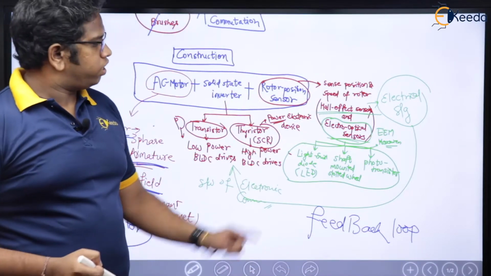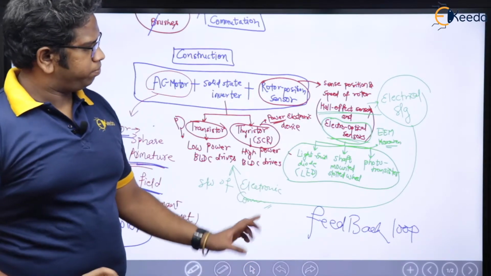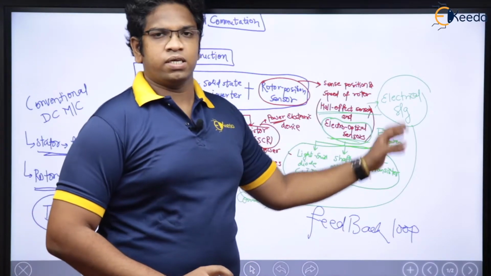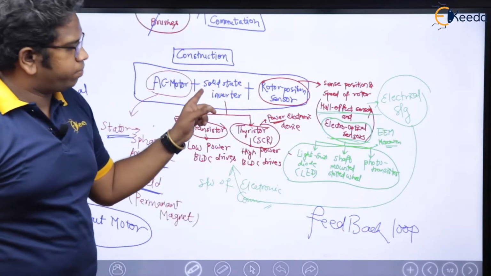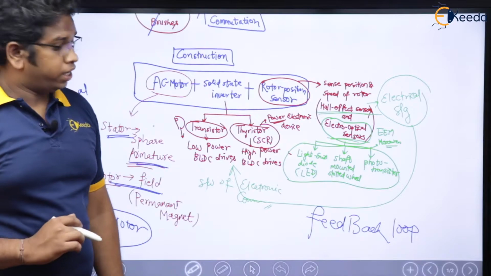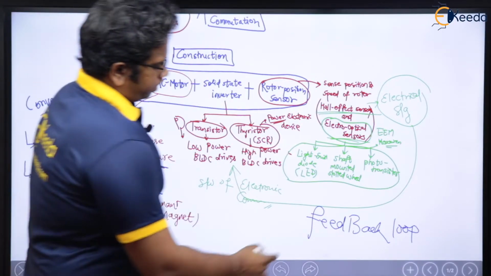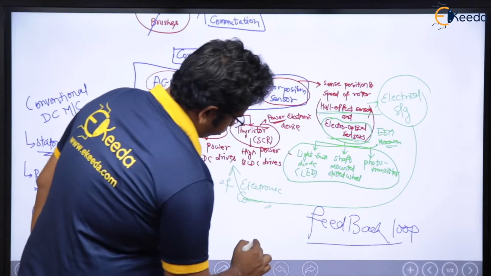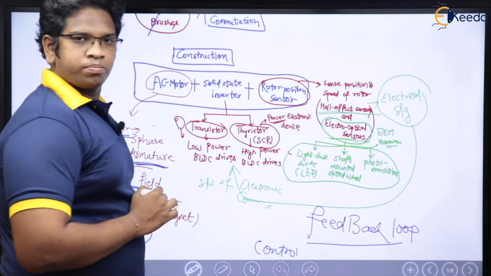Why we need to have sensors, we will see, don't worry about it, but just keep in mind for the time being that yes, we have something called a sensor. Sensors will have some electrical output and that output will be taken back in order to give the feedback, and this is going to complete the feedback loop. Feedback loop in the sense that there has to be a control scheme, a control mechanism, right?